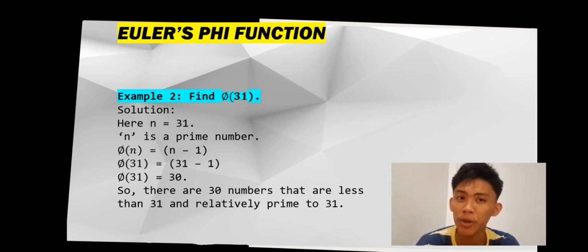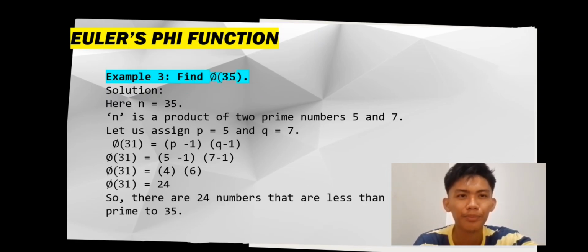If we subtract 31 minus 1, the result will be 30. Therefore, for phi of 31, there are 30 numbers that are less than 31 and relatively prime to 31.